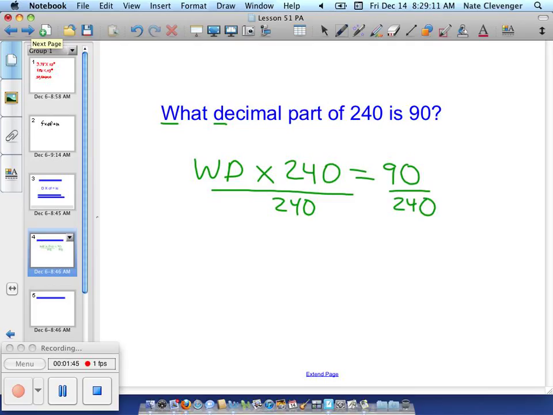And then when you type that in the calculator, you get? 3.75. Here's the lesson in itself: the top number is the number you type in first. So type 90 divided by 240. Okay, 0.375.